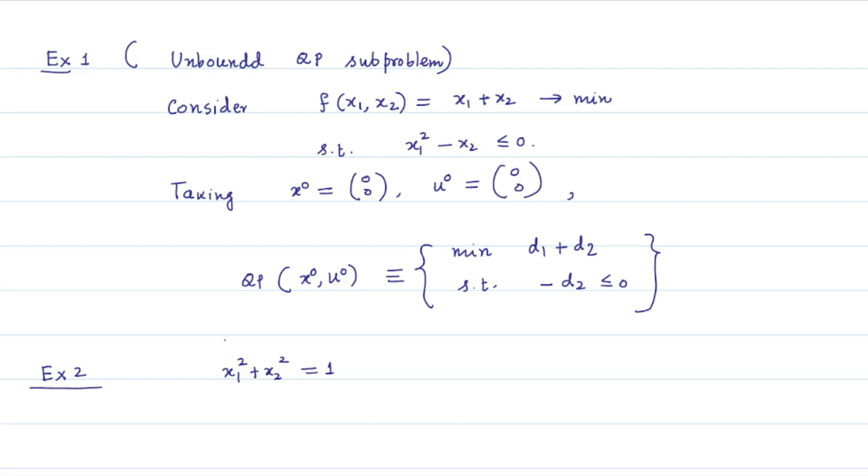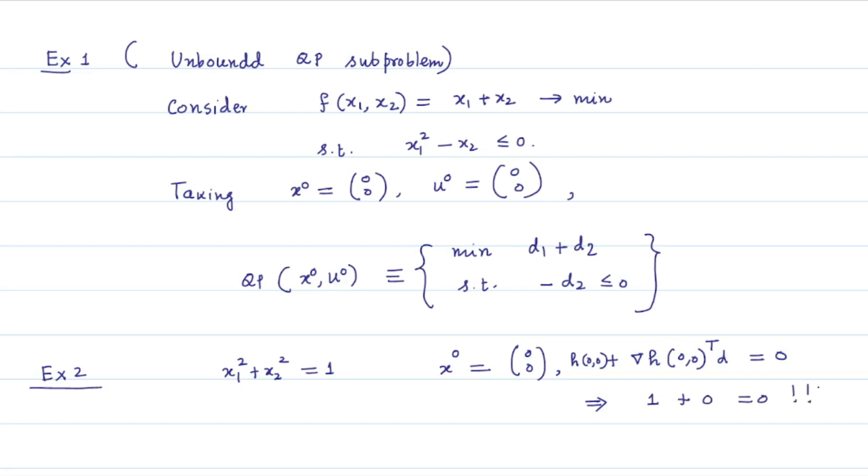If I consider the initial point x0 equal to the origin, then a linearization of this constraint gives us the gradient of h at the point (0, 0) transpose d plus h at (0, 0) equal to 0, which simply gives us the constraint that 1 plus the gradient vector, a null vector, so 0 is equal to 1.